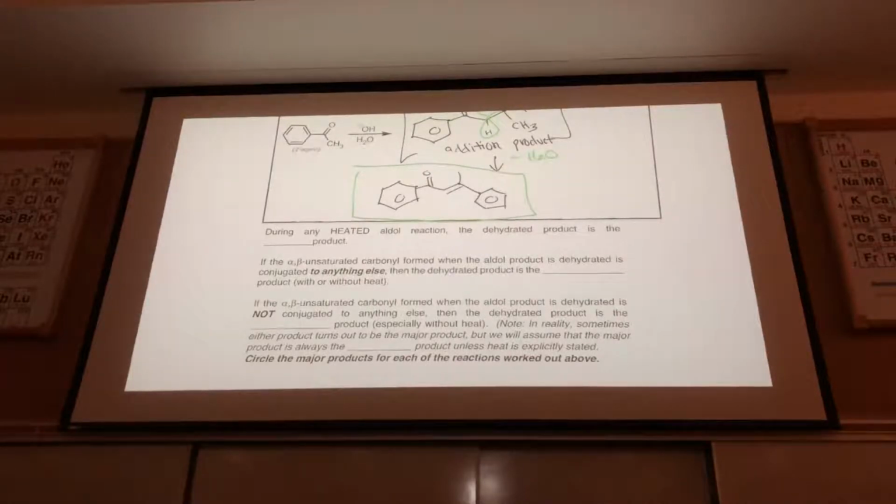Usually heat promotes the dehydrated product, drives off the water, right? If, and this is an important one, so this is telling us that heat will favor dehydrated. If the alpha, beta, unsaturated carbonyl formed when the aldol product is dehydrated is conjugated to anything else.